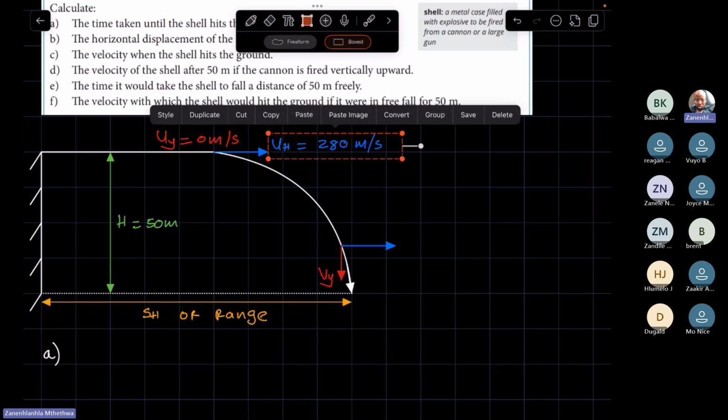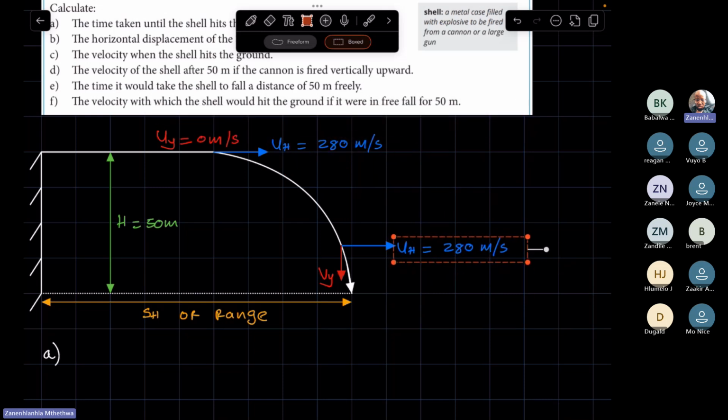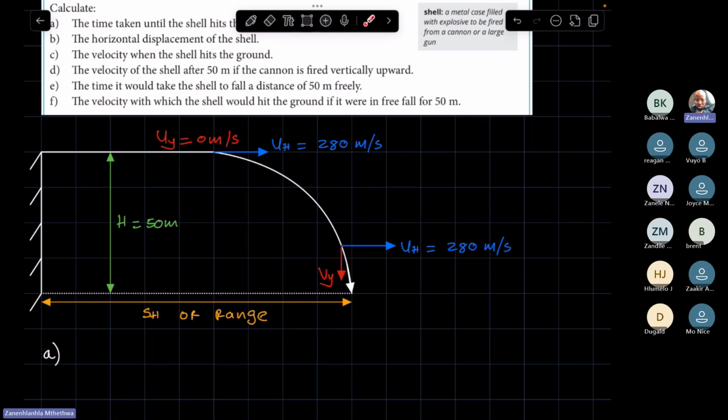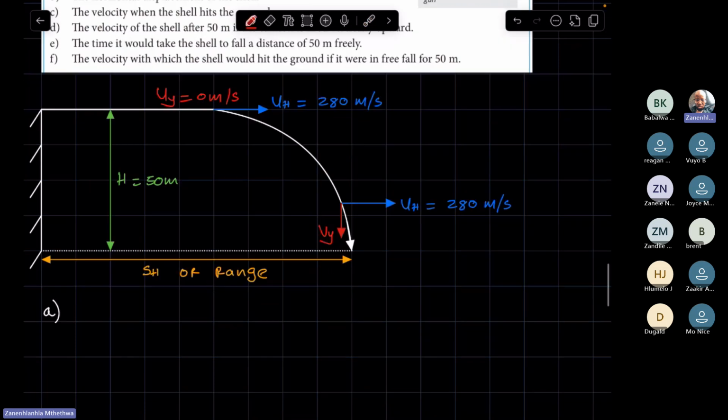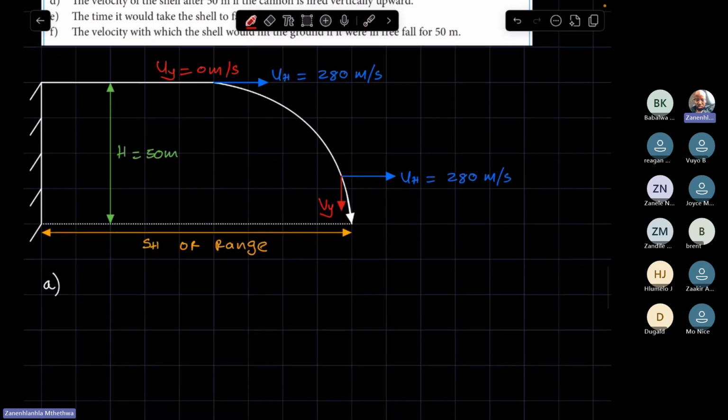Your UH will be the same because there is no acceleration in the horizontal plane that is going to change your UH. So we do not have this. So if you use the equation that you refer to, we will essentially have two unknowns. So we cannot use that one.